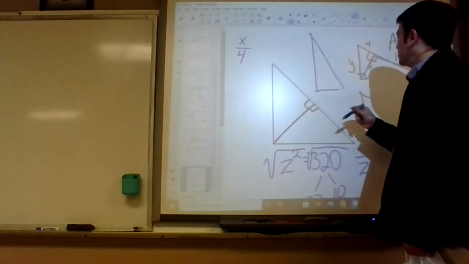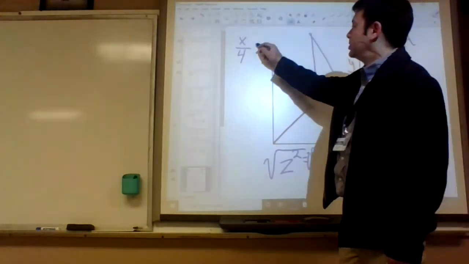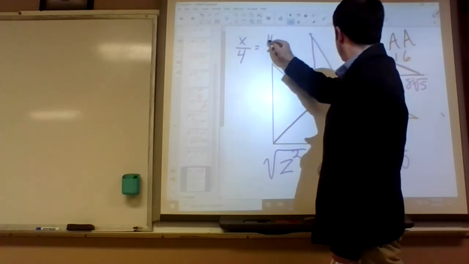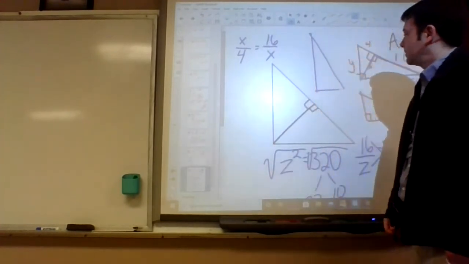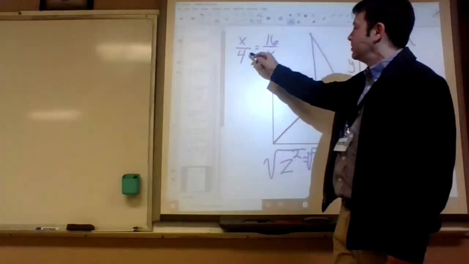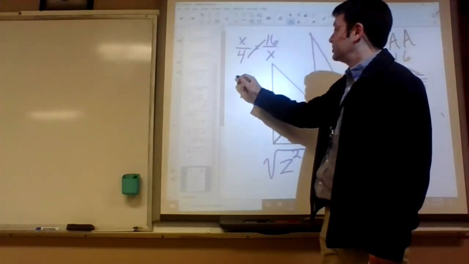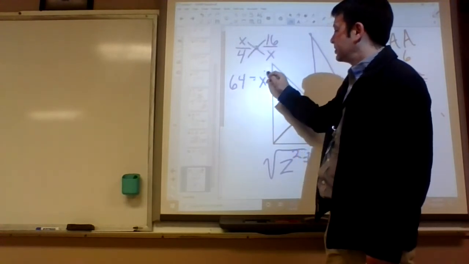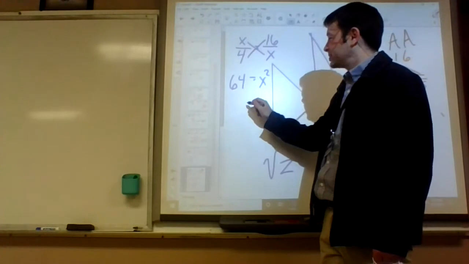So, let's see, I put the medium triangle on top over here, so 16 should go on top here. So that can help us with X. This one will come out nicely, because 4 times 16 is 64 equals X squared. So X squared is 64, what's X? 8.